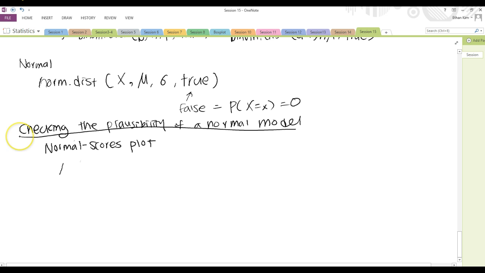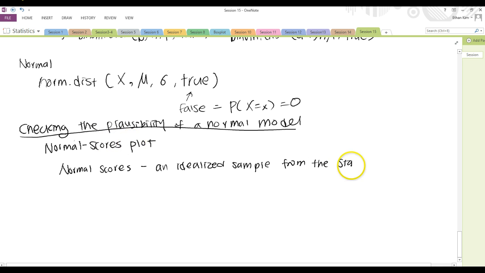The normal score refers to an idealized sample from the standard normal distribution, and this is known as z-scores.